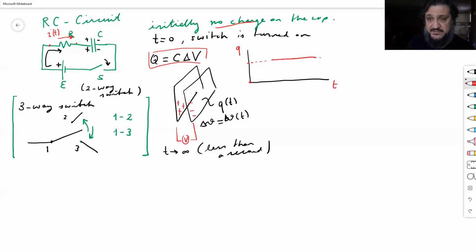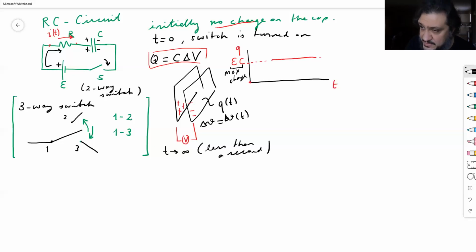So the potential difference across the plates of the capacitor will be just E. Okay, so if you replace delta V by E, you get the maximum charge there. So E times C. This is your maximum charge. Maximum charge on the capacitor.